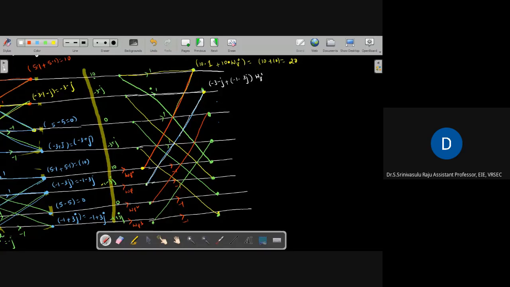And next point, 0 into 1, we have 0, and the connecting point here is again 0 into W8 of 2, so we have 0.